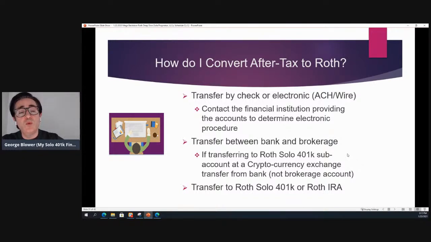Because you want to fund it with, of course, fiat money, but from a bank account. So you could fund that Roth solo 401k sub-account at the cryptocurrency exchange with money from your Roth solo 401k sub-account at a bank. The other point here is that you could transfer the money from the after-tax sub-account to the Roth solo 401k sub-account, or you could also go to a Roth IRA.